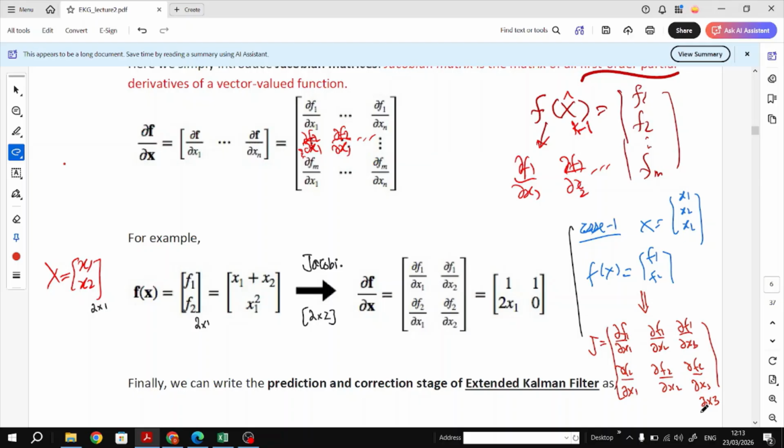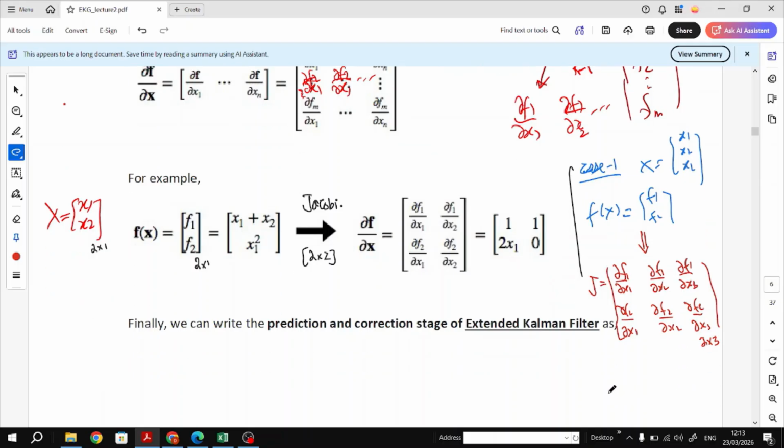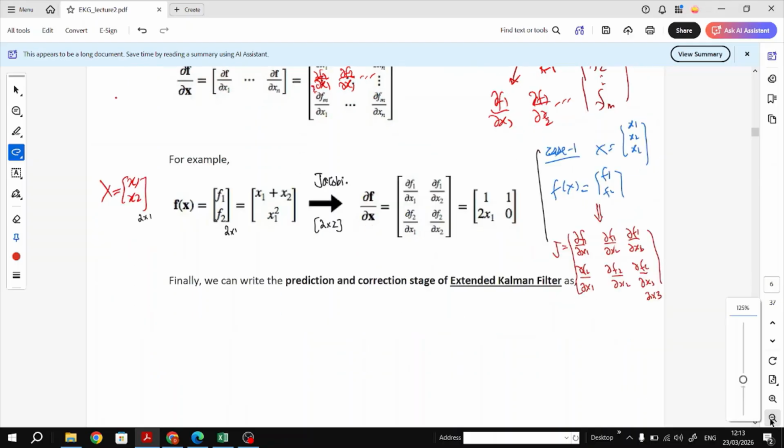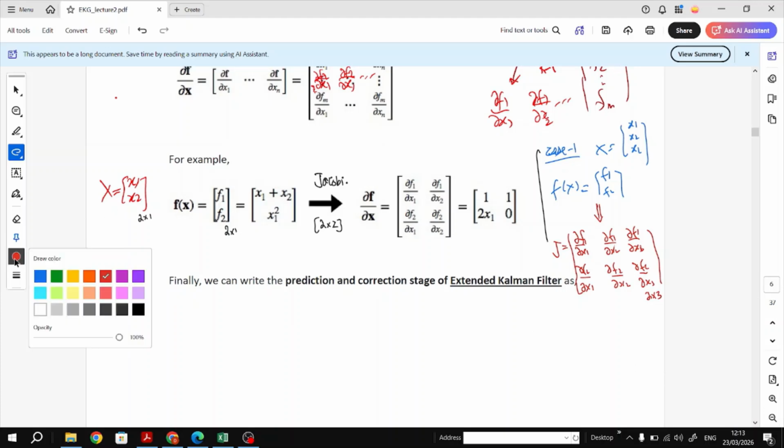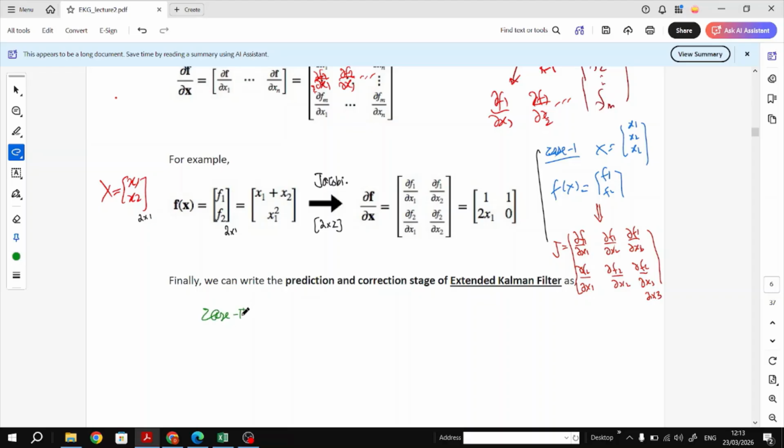Okay, we have the second case. Let's say case number 2: we have a state vector with 2 variables, and a function f of x with 3 functions.